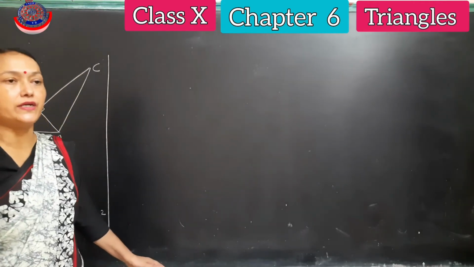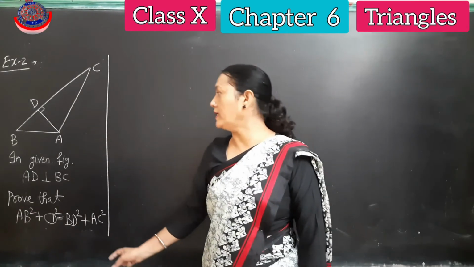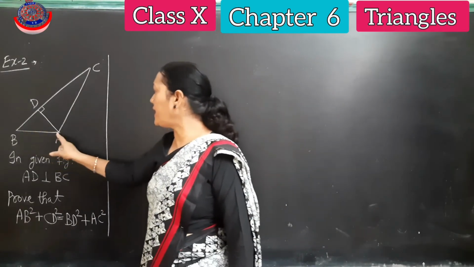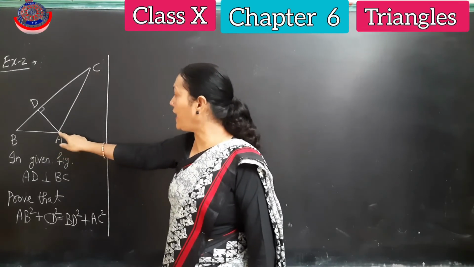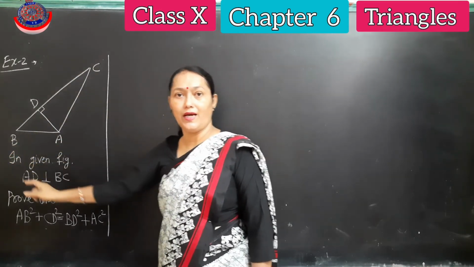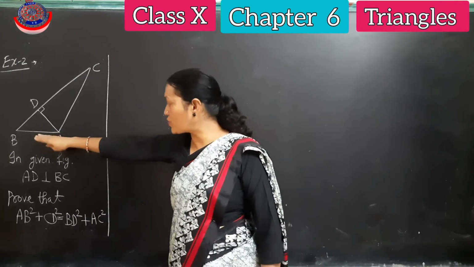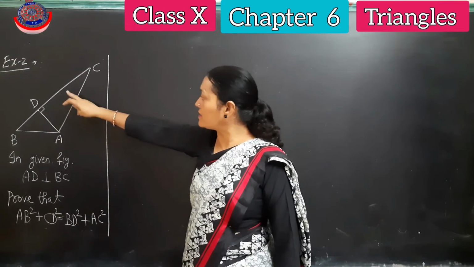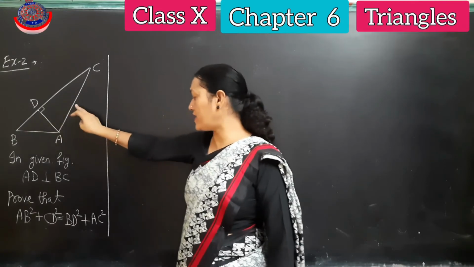Next example I have taken where they have given us an obtuse angle triangle BAC, and they are saying that in this triangle AD is drawn perpendicular on the side BC. They are saying prove that AD square plus CD square is equal to BD square plus AC square.